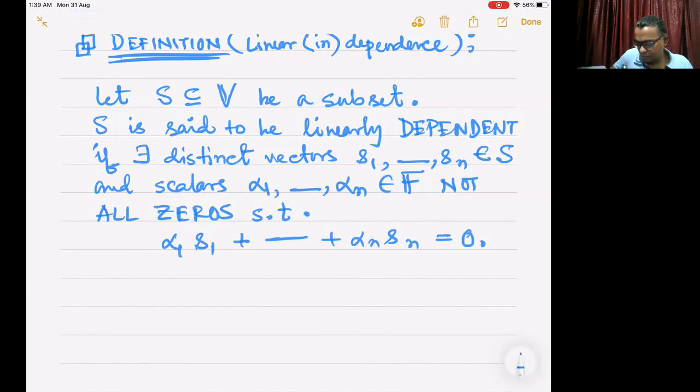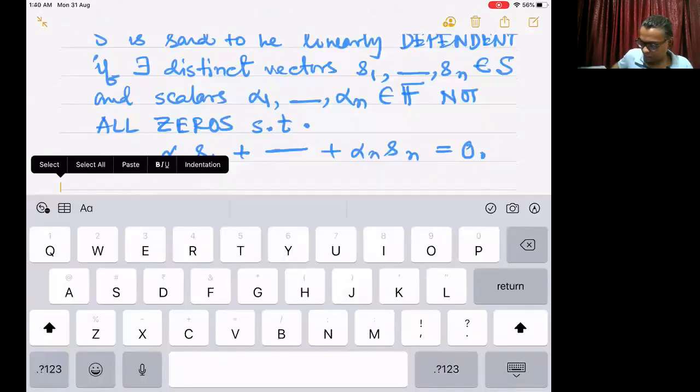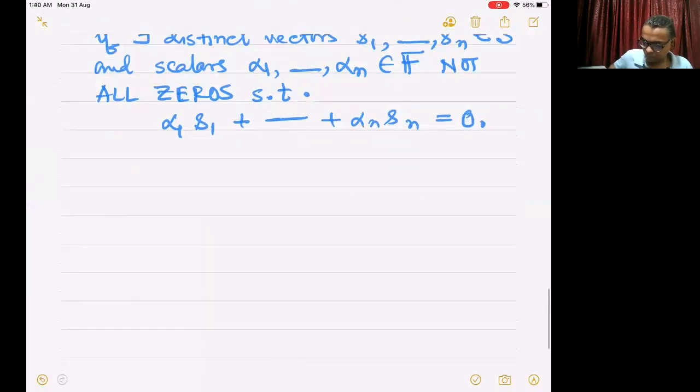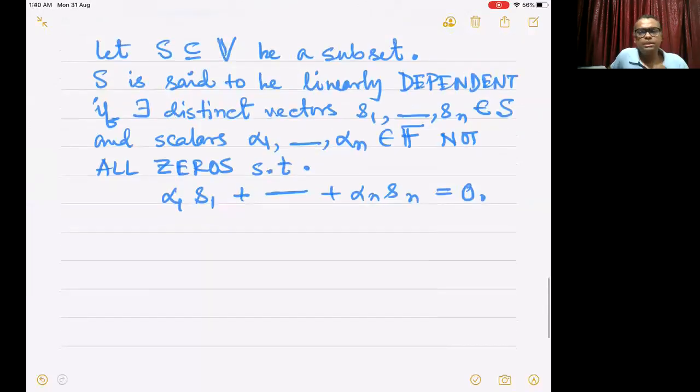We will be calling such a linear combination a non-trivial linear combination. Why non-trivial? Trivial linear combination means that every coefficient is 0. That means every vector is multiplied with 0 and then added, which is like nothing. You're adding the 0 vector with itself. But that's not the case. We are saying that at least one of these alpha i's is non-zero, which means this is a non-trivial linear combination.